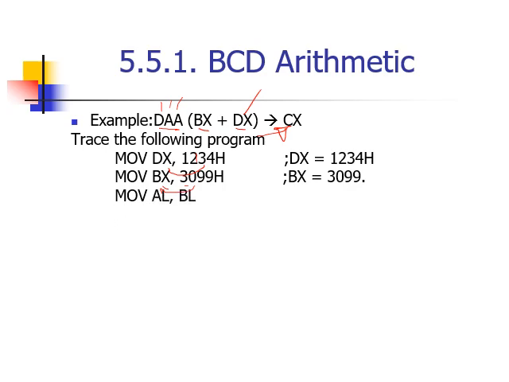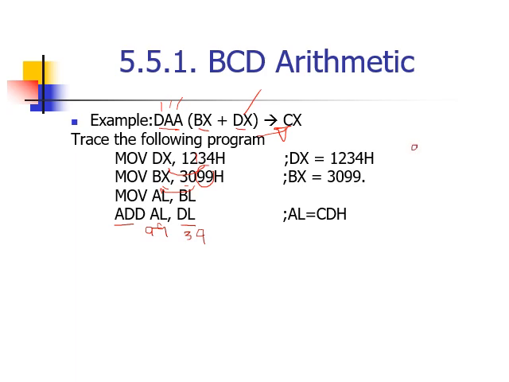All right, BL is now moved to AL. Now we adjust. Add DL to BL. Okay, now BL contains 99, correct? While DL is 34.